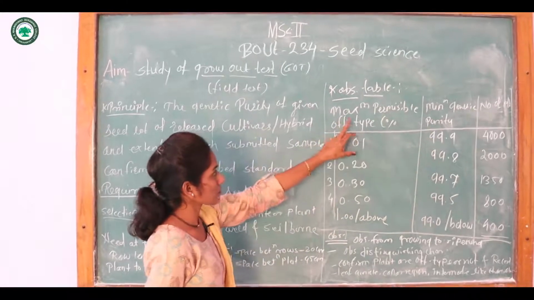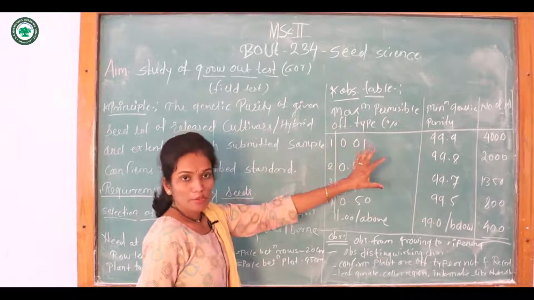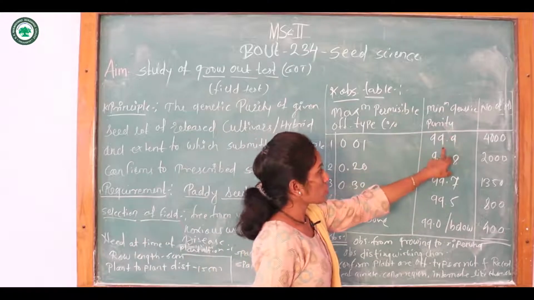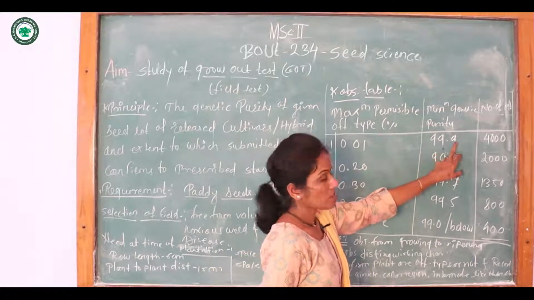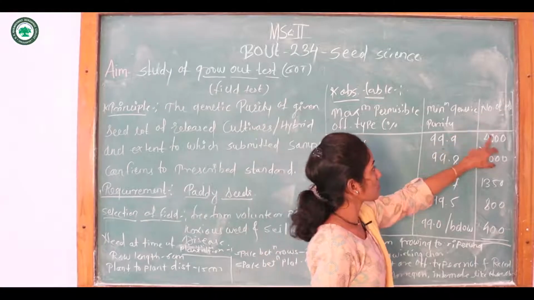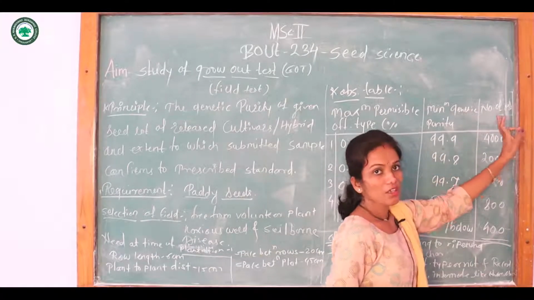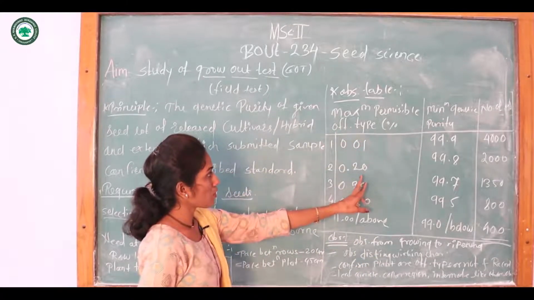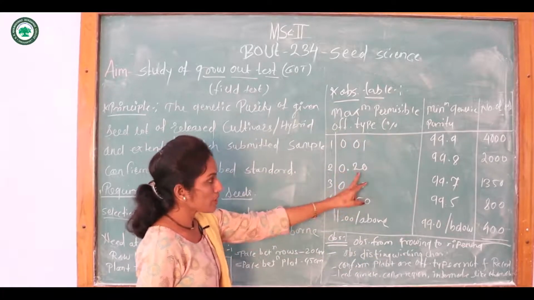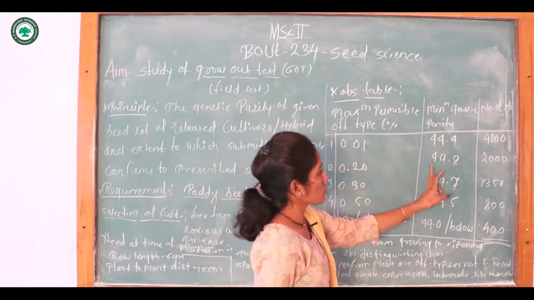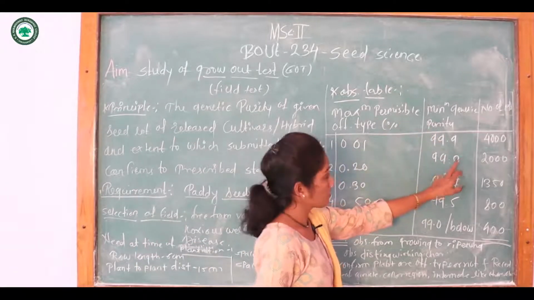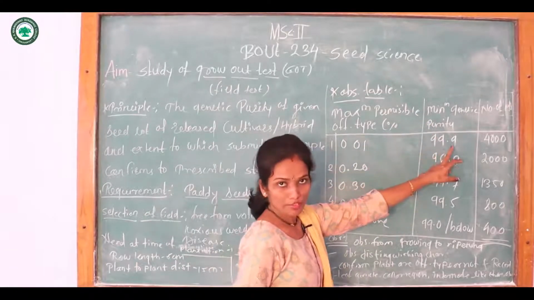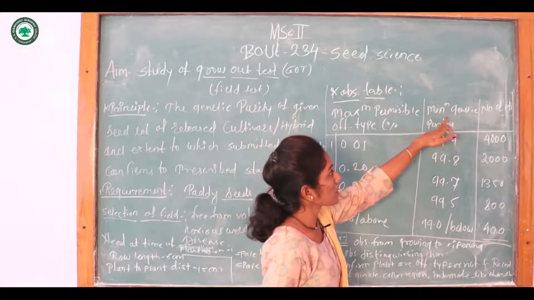First, the maximum permissible off type of seed percentage is 0.01%, the minimum genetic purity is 99.9%, and the number of plants is 4000. Second, the maximum permissible off type percentage is 0.20%, where the minimum genetic purity is 99.8%. In the case of 0.01 it shows 99.9%, and here the minimum genetic purity decreases.